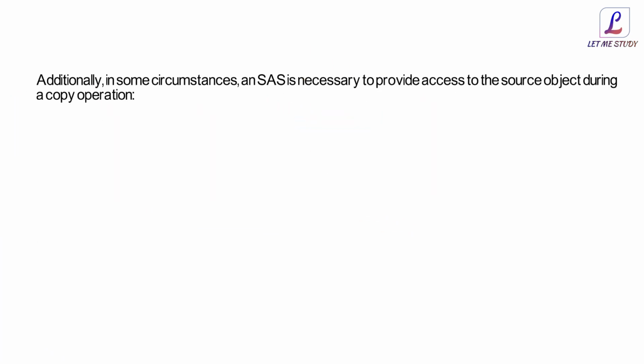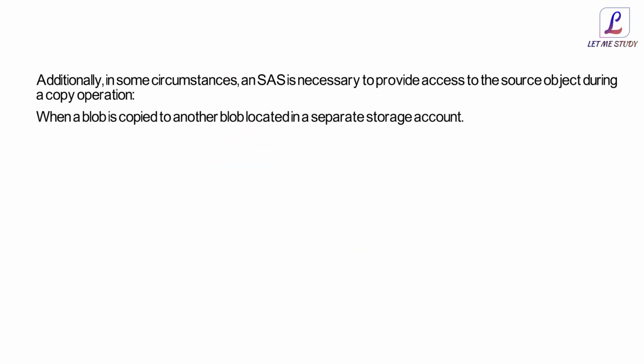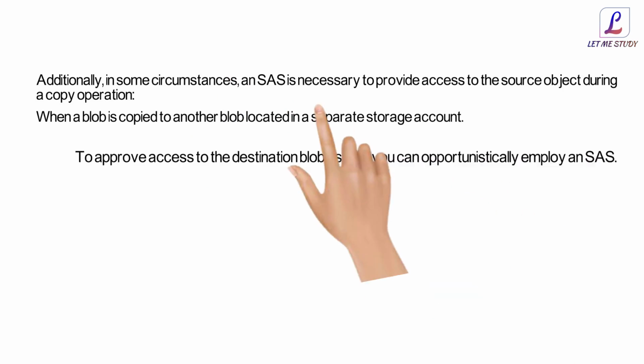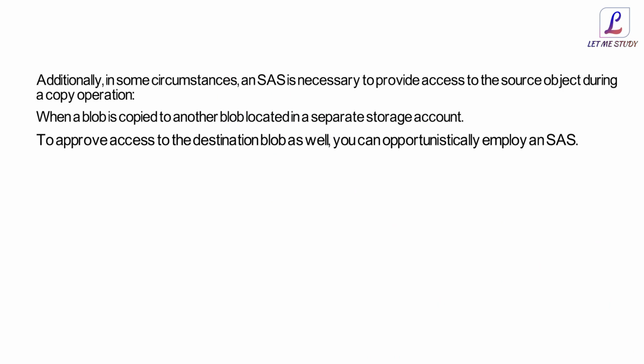Additionally, in some circumstances, a SAS is necessary to provide access to the source object during a copy operation. When a blob is copied to another blob located in a separate storage account, you can use a SAS to approve access to the source blob.